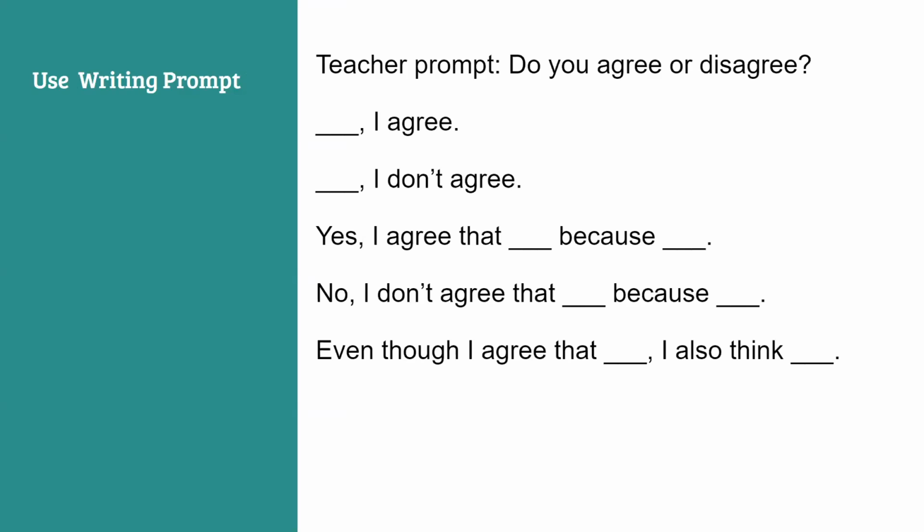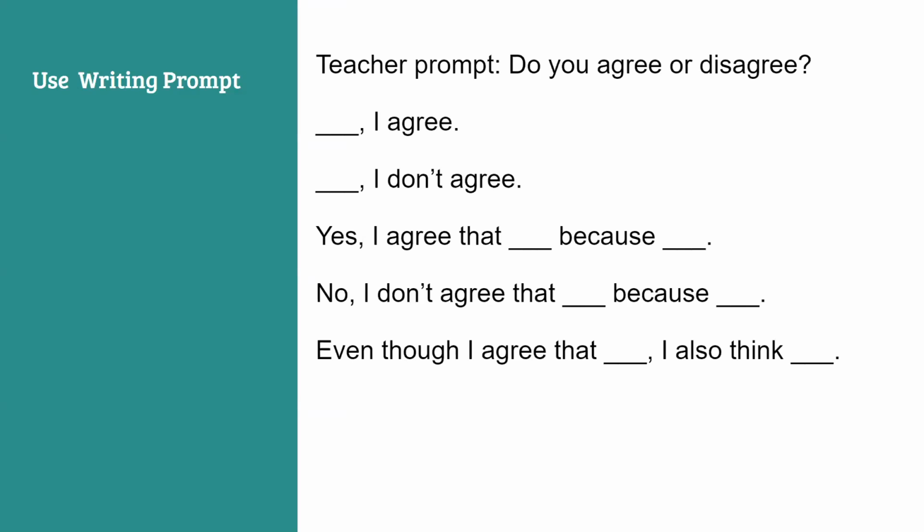So those talked about how to eliminate some of the choices. Another thing that we want to consider is when we're using a writing prompt, setting them up for success. And whether you're using an essay or a short response, using sentence stems or question stems allows students to be able to answer them. So for example, if the teacher prompt was, do you agree or disagree?